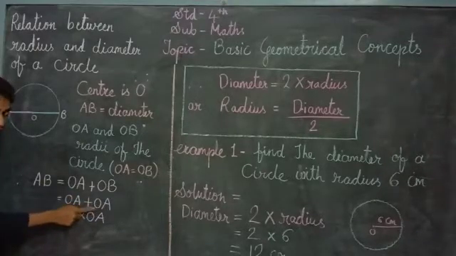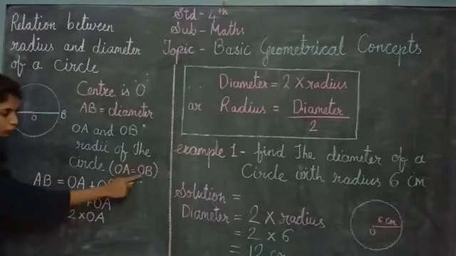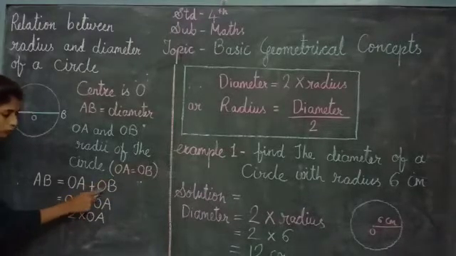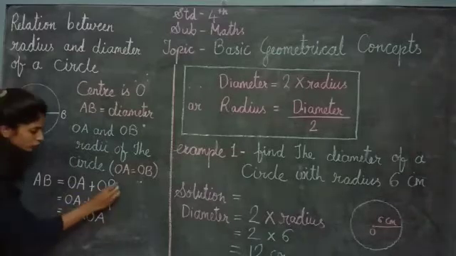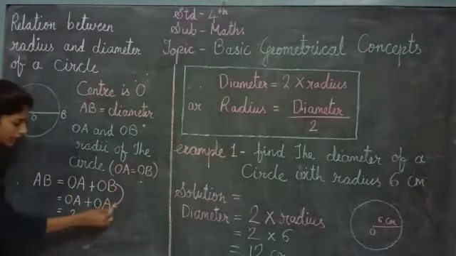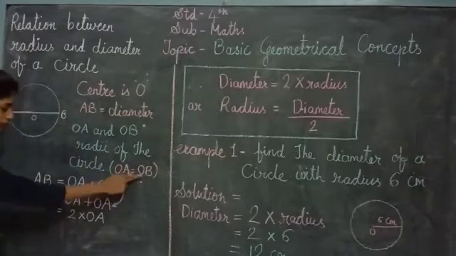Now why have I written OA again here? Because we know OA and OB are equal to each other. That's why we have written OA plus OA again. This OB we wrote as OA because OA is equal to OB.